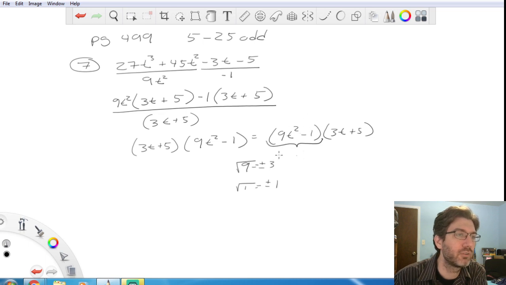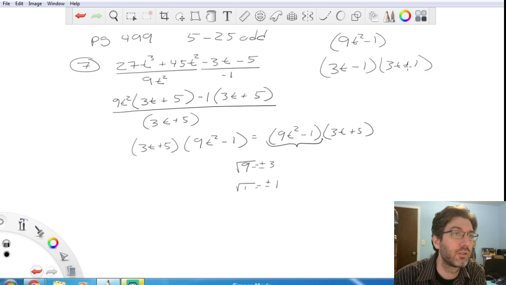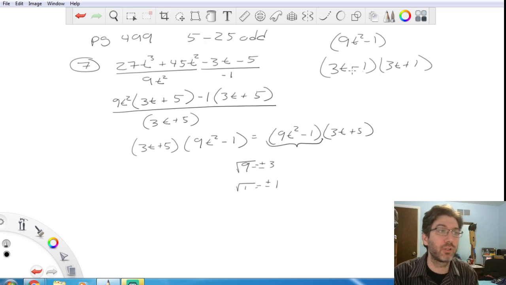And when you do so, just like you did yesterday, your 9t squared minus 1 is going to be broken up into the square root of 9, which is 3t, minus 1, and then you're also going to have the 3t plus 1. So that does get broken up into the perfect square.